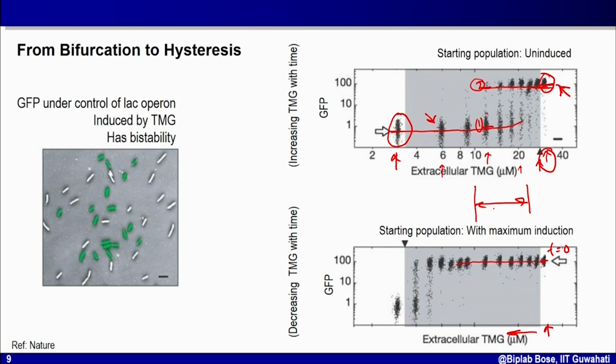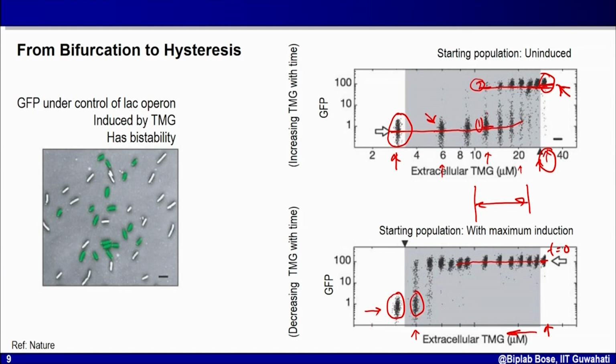So as they started with a higher steady state of GFP, they are staying there till this value of around 4 micromolar of TMG, where the lower steady state GFP cells appear. And here at the end, I have only one population having the lower expression of GFP.